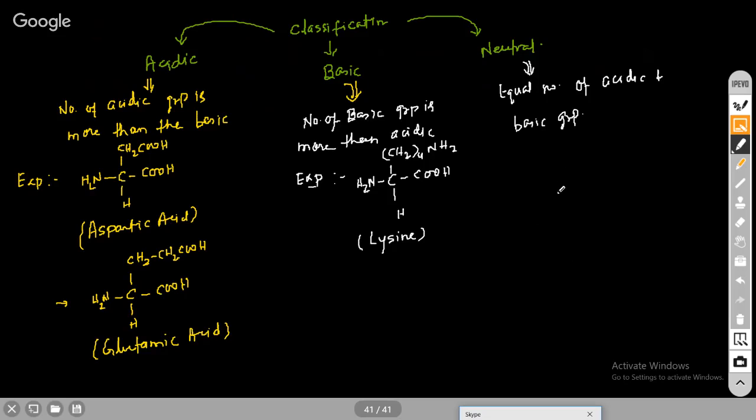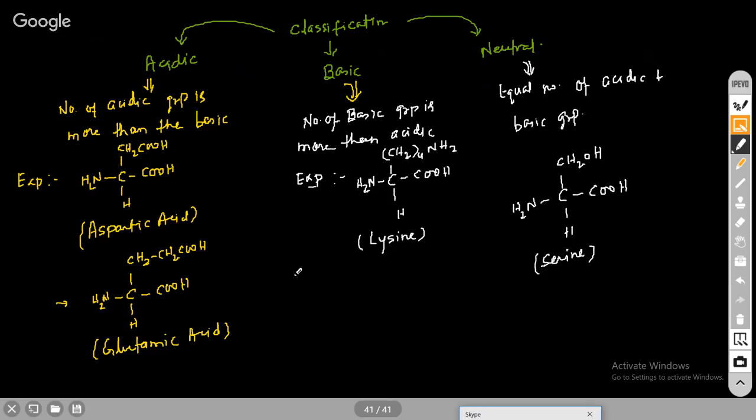Okay, some more structures you see. I'm just giving you some general examples. So carbon, COOH, H, NH2, and when you write here CH2OH instead of G, this compound is serine.